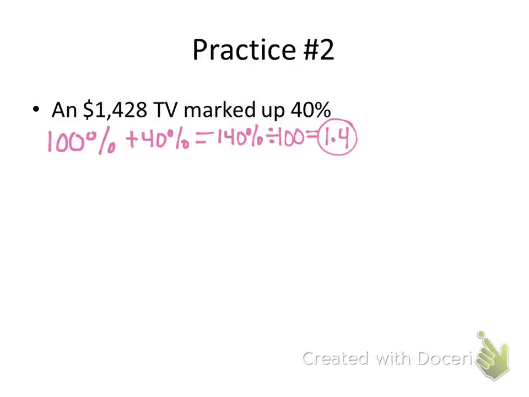Circle it. So, here we have step 1, step 2, step 3. Bobby, step 4. You take the price from the TV and then times it by 1.4. What's that 1.4 called? Our multiplier. My multiplier.